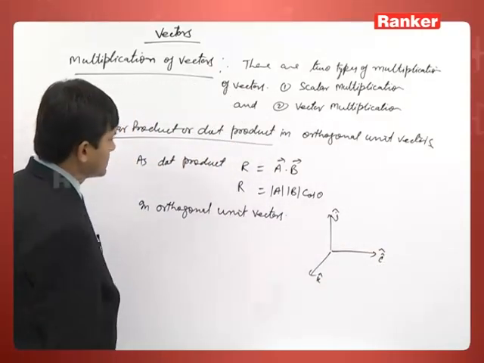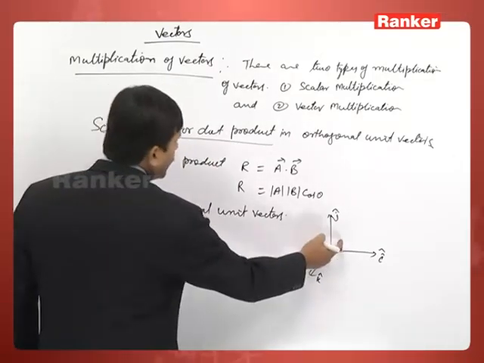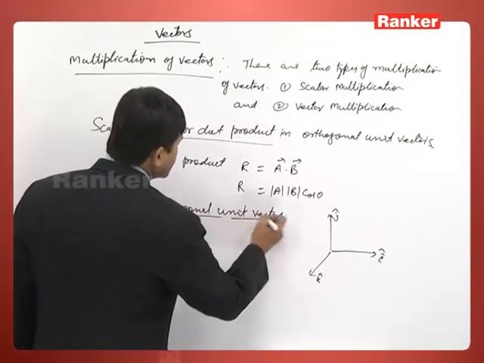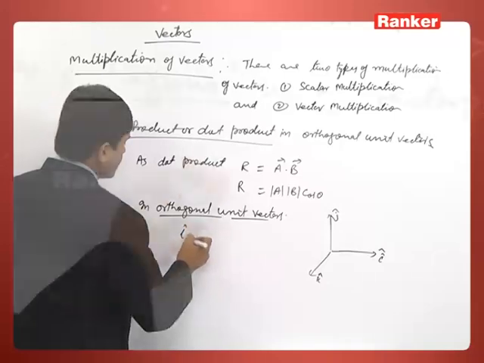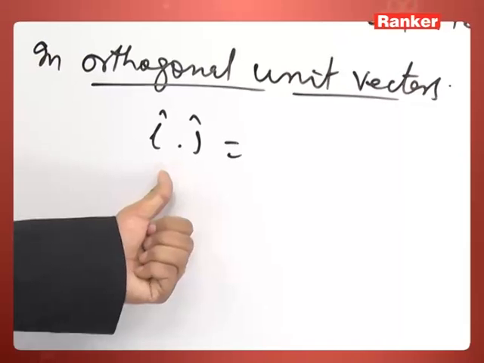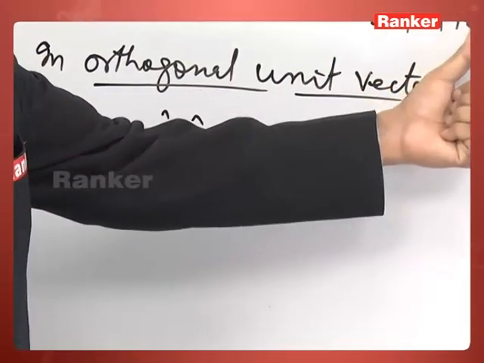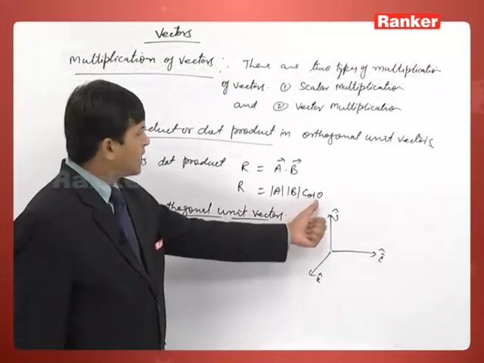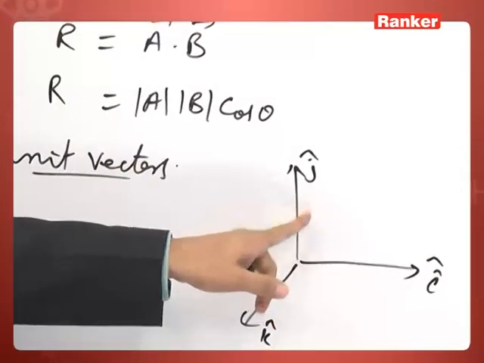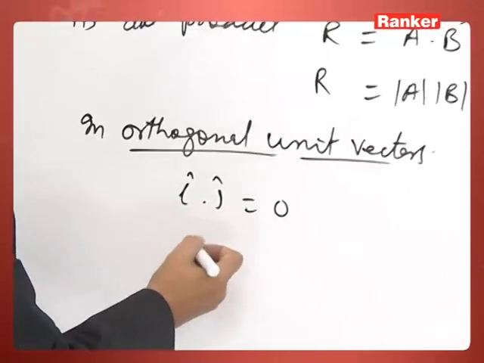So see here. When we do i dot j in orthogonal unit vectors, i dot j means modulus of i, modulus of j, and cos theta, where theta is the angle between i and j. The angle between i and j is 90 degrees, so cos theta is 0 and i dot j is 0.